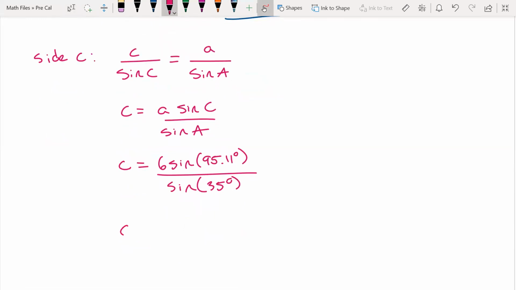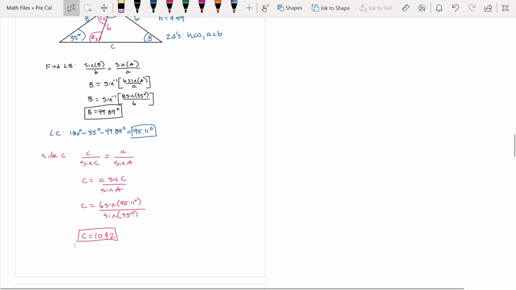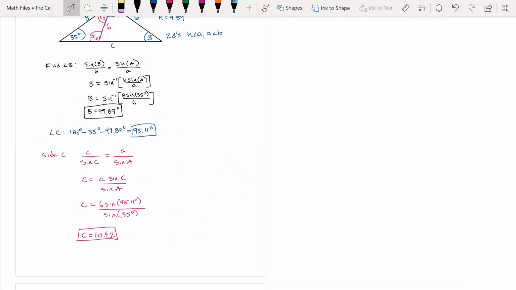And then calculate 6 sine 95.11 over the sine of 35. And we get 10.42. All right. And that is for the big triangle.